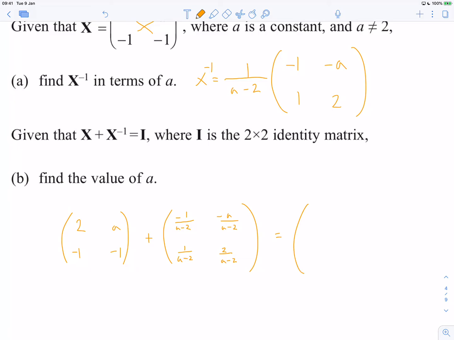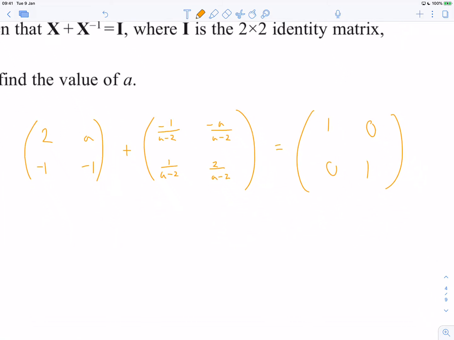And this must equal 1, 0, 0, 1. So for a start, if I add these two together, this one and this one, they should equal 1. So 2a plus minus 1 over a minus 2 needs to equal 1.